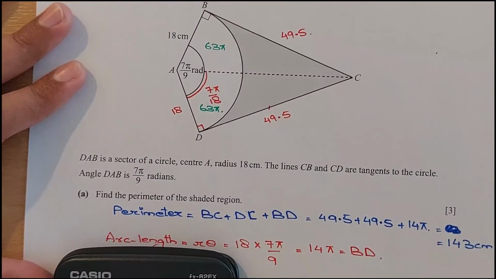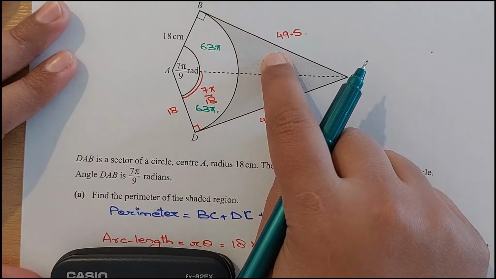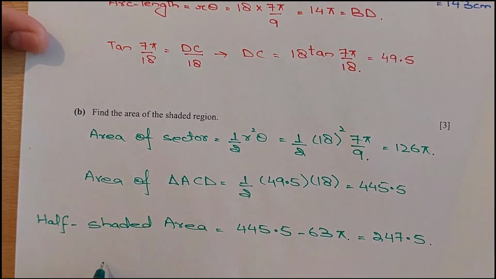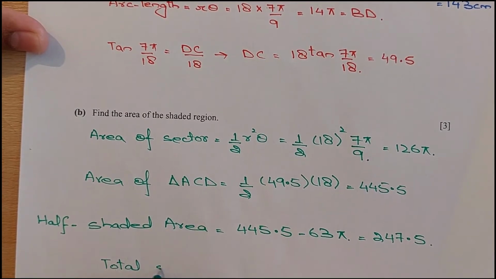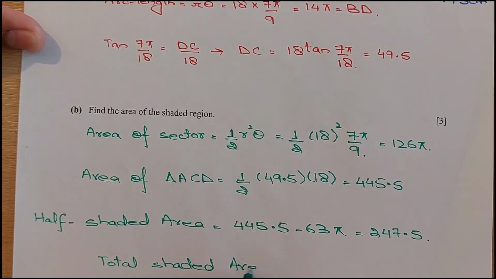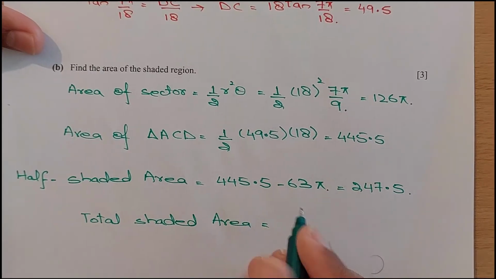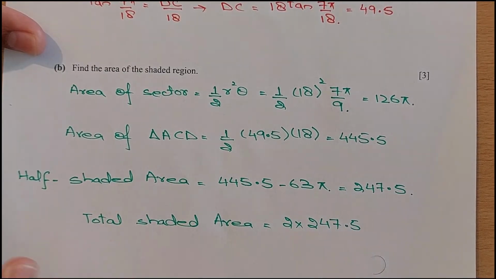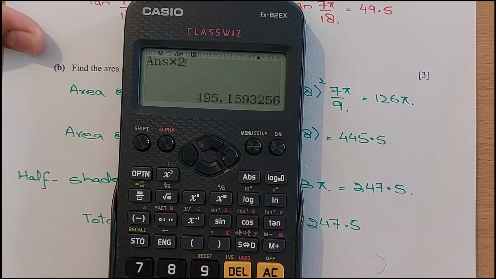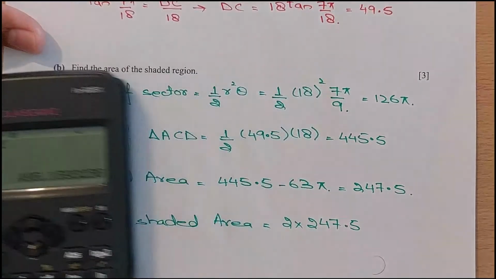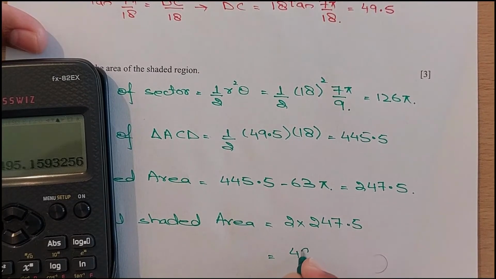So this is the bottom shaded area. To find the top shaded area, just multiply by 2, and we will get the total shaded area, right? So the total shaded area is just times by 2. 2 times 247.5 is 495.1, just 495 you can say, 495 centimeters squared.